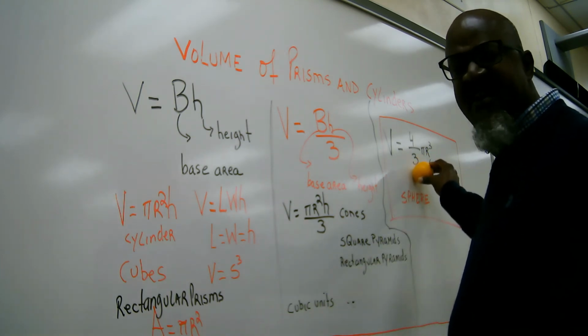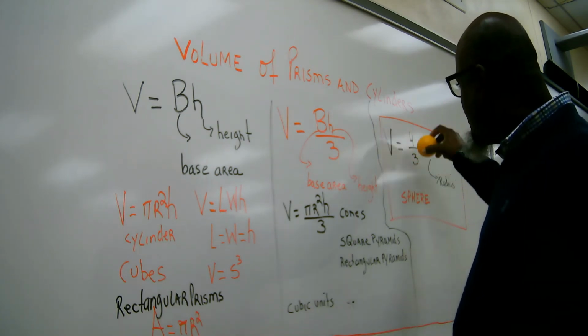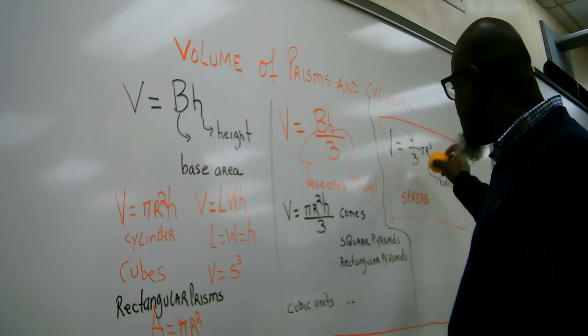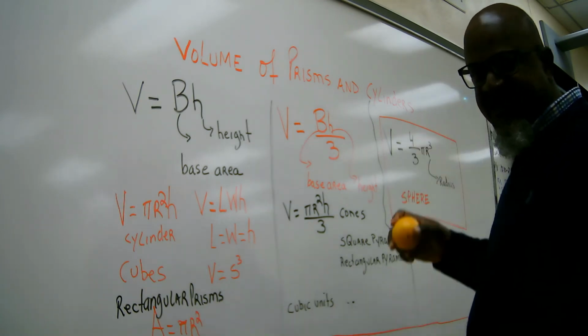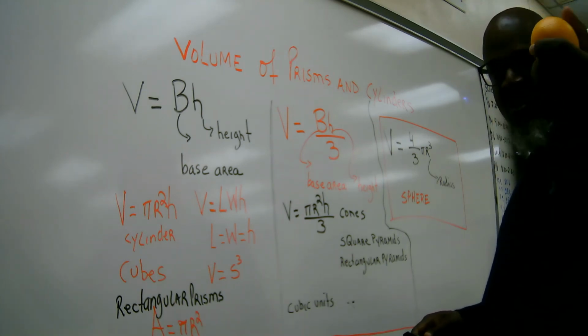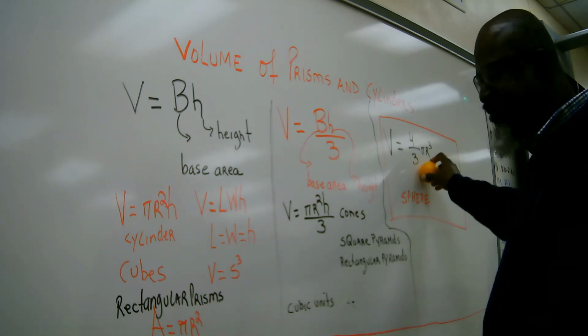That's how you find the volume of a sphere. This is the only shape that formula works for. 4/3 pi r cubed is only for a sphere. A sphere is a globe, a ball, a soccer ball, a baseball. Those are spheres. This is the formula that you use.